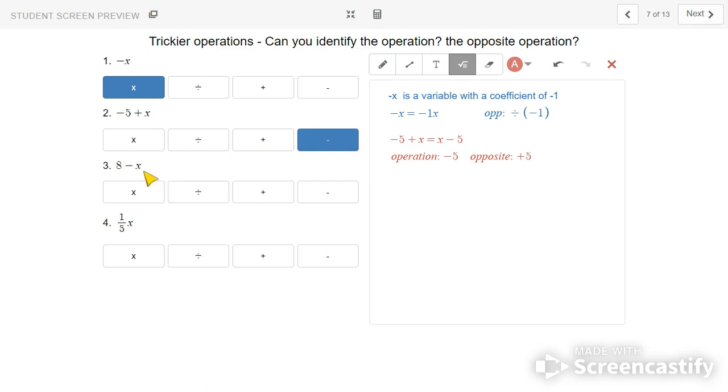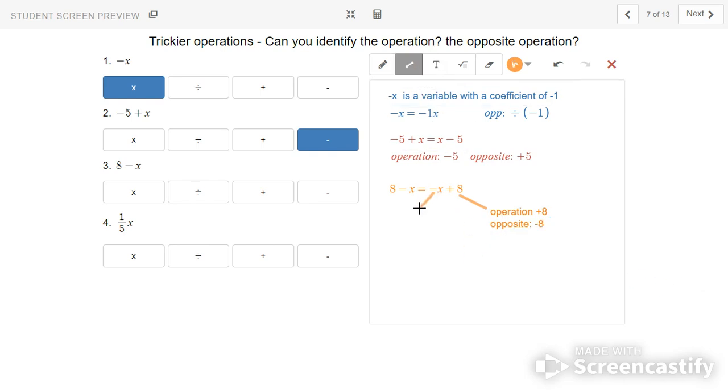Eight minus x. Okay, this one is another tricky one. What's going on here? 8 minus x. If we rewrote it, I have negative x plus 8. There's two things going on. One of the items that's going on, we have the operation of plus 8. The opposite of that would be to subtract by 8.